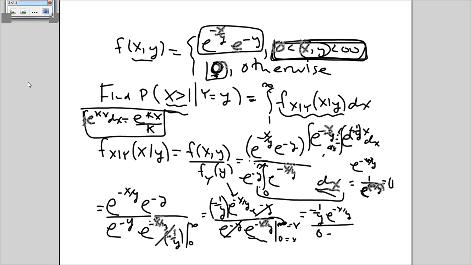Multiplying by 1 over y is the same as simply dividing by y. Okay, so now, remember, we were trying to figure out what this equals, and we just did. This is equal to e to the negative x over y all over y itself.